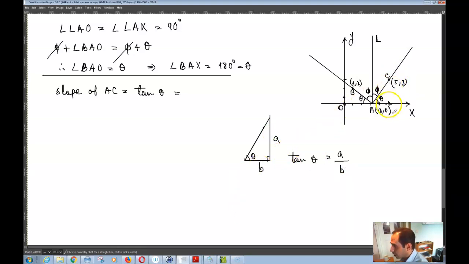Now this height over here is 3, and you see that the x coordinate of this point is 5.